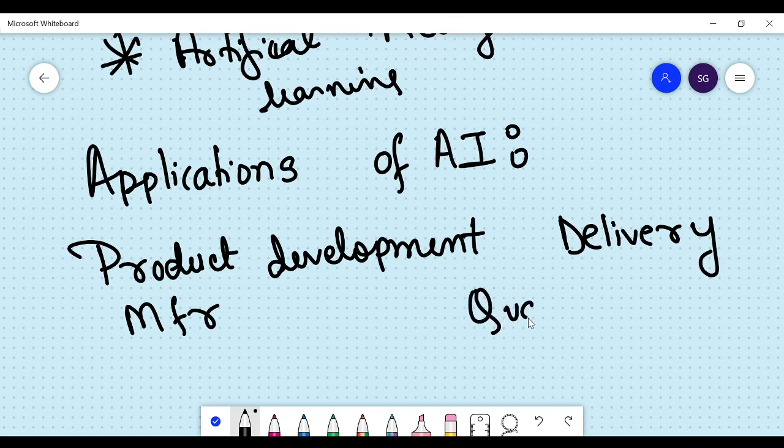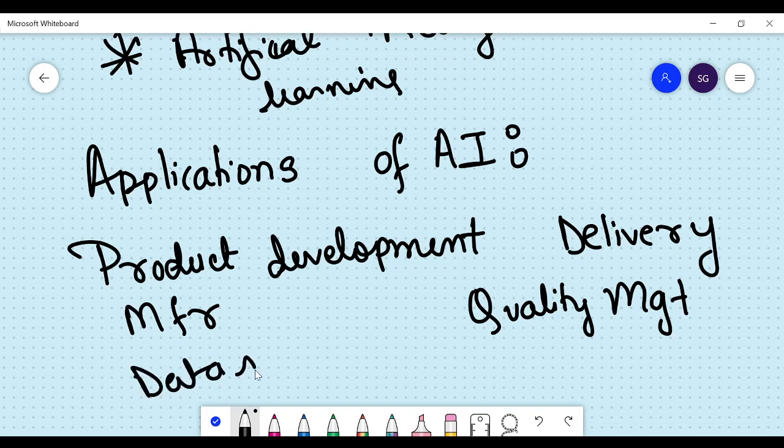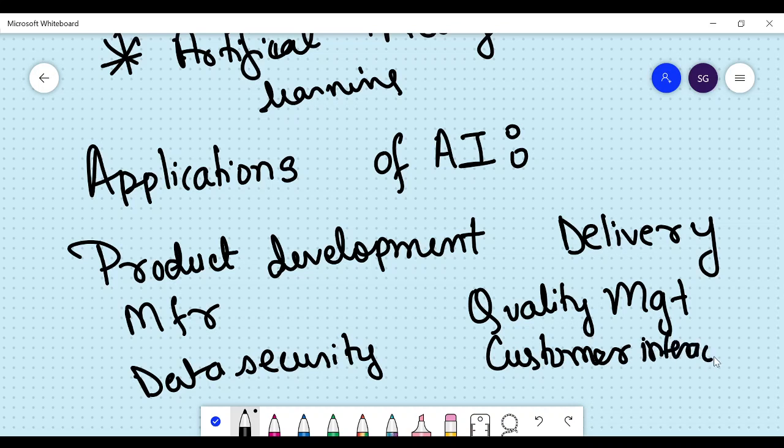It helps in quality management by the prediction of maintenance requirements. It helps in data security by detecting malicious software. It helps to interact with customers, and it helps in reporting. Objective reporting of business performance, which is unbiased.